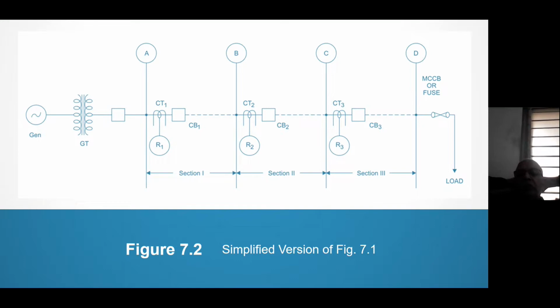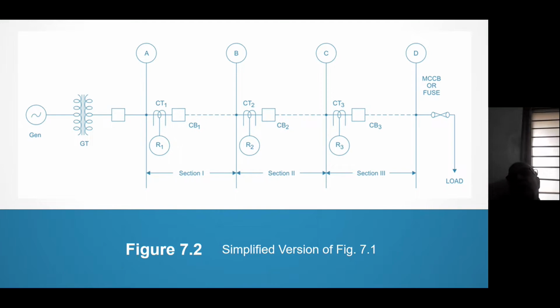Now, what is my problem? My problem is how to discriminate where the fault occurs. If there is a fault on the load side, the distributor side, then MCCB is sensing and R3 is also sensing. But R3 does not have to operate, MCCB has to operate. And if MCCB fails, then R3 has to operate.